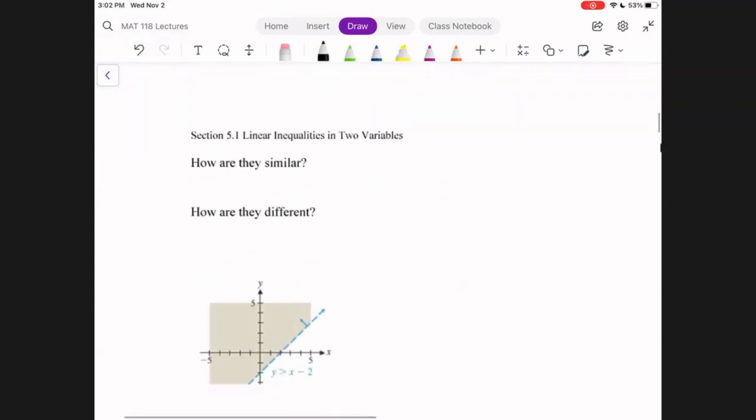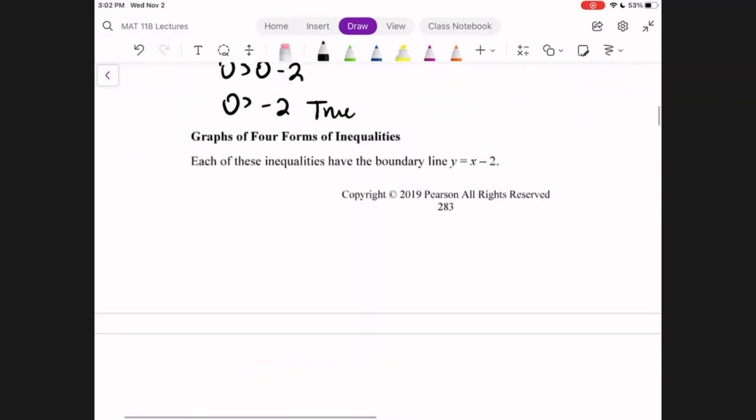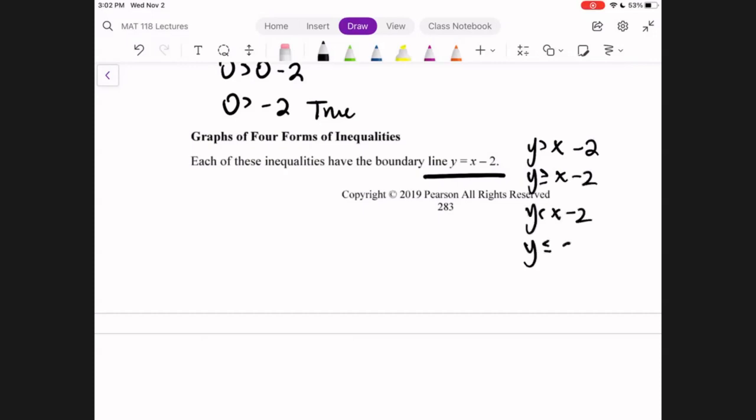So you want to think each of these inequalities has a boundary line. We looked at this. So if I look at this, or this, or this, or this: y is greater than x minus 2, y is greater than or equal to, y is less than, and then y is less than or equal to.